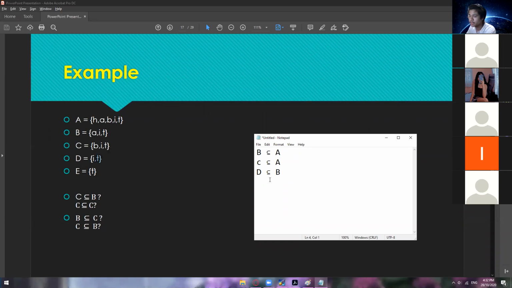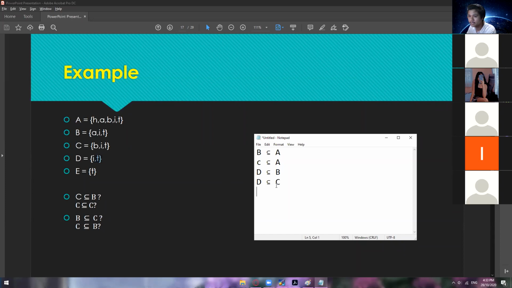I can also say that set D is a subset of set C, because I can also find the element IT in set C. The idea is if you can find the elements on the left side in the right side, that is already a subset. The first one is the subset, and the right side is the superset.